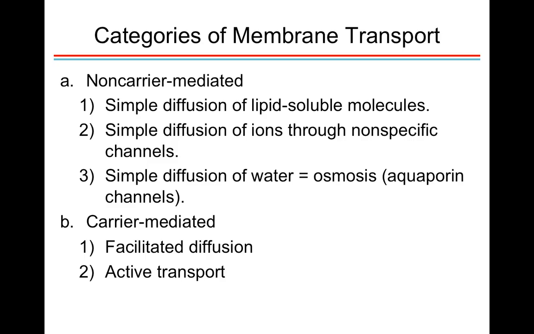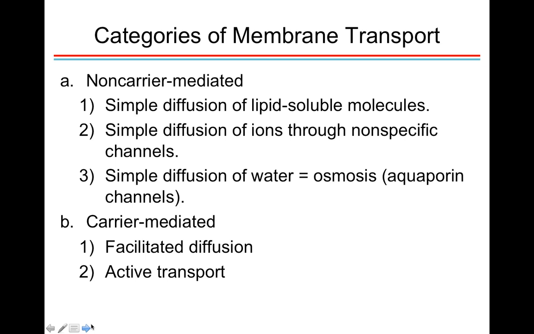So a lot of this lecture, at least the beginning of it, focuses on how molecules move across the membrane to get inside or outside of our cells. Sometimes molecules do not need carriers, and this would include, for example, the simple diffusion of lipid-soluble molecules.